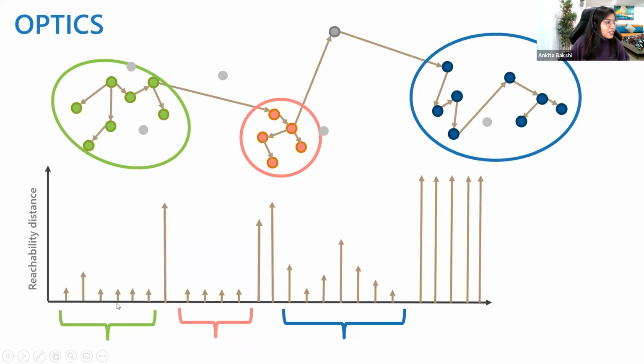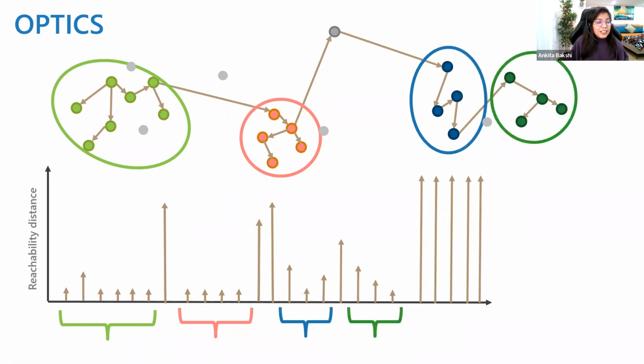Points that have small distances will be clustered together, and the points that have a jump are a different cluster. With OPTICS, we can also tweak the clusters by increasing the sensitivity. Here I see there is a potential to break this cluster into 2. So in the tool, I can increase the sensitivity and split this cluster into 2, because based on the reachability plot, there could be 2 clusters.